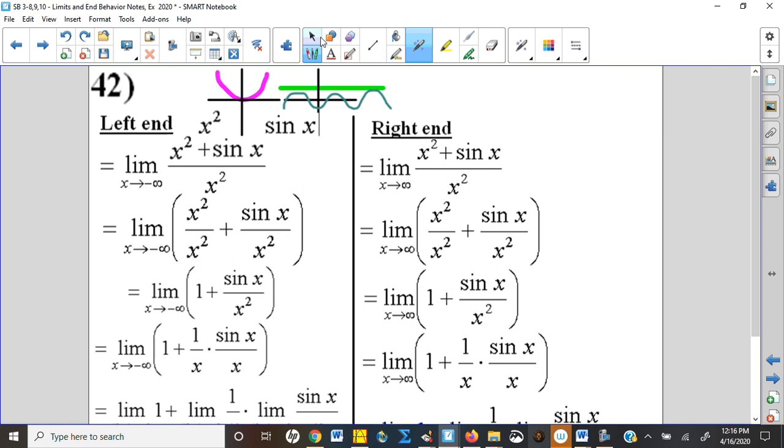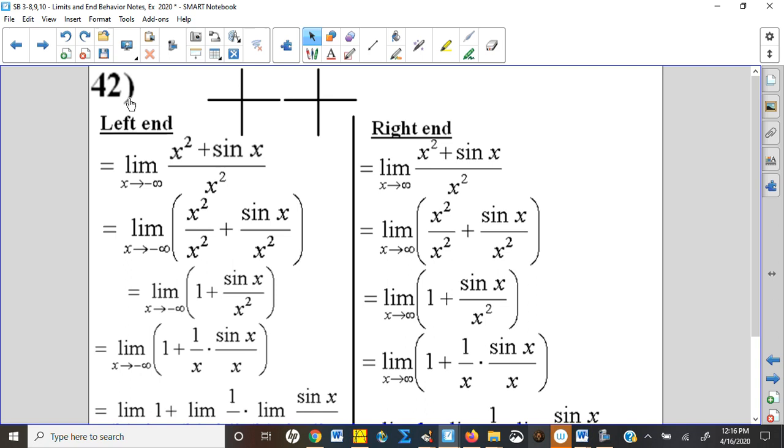So it's just as weak as a constant function as far as we're concerned. Okay. So that means that x squared is more powerful in both directions yet again. And so it's the end behavior model for x squared plus sine of x. In fact, we wouldn't call it left end or right end. We would just say it's the end behavior model.